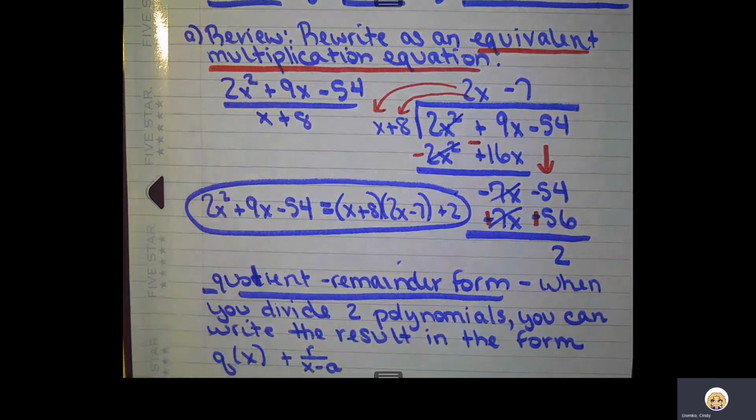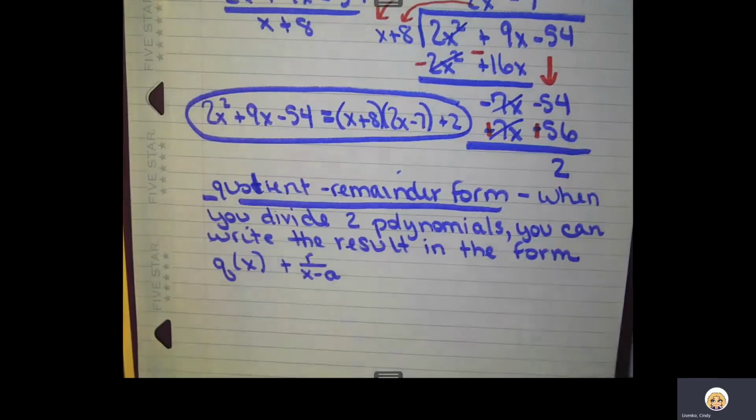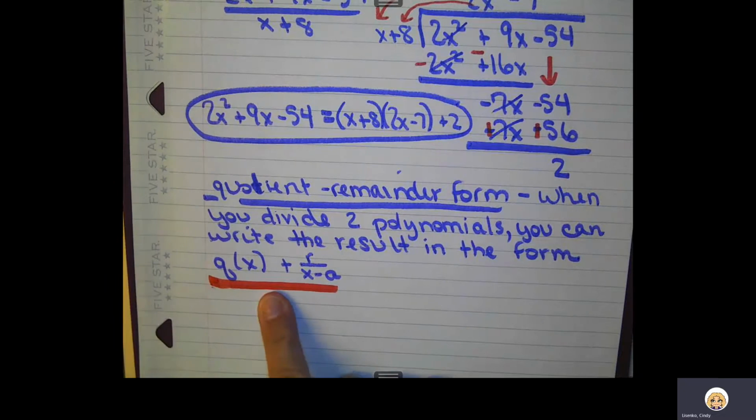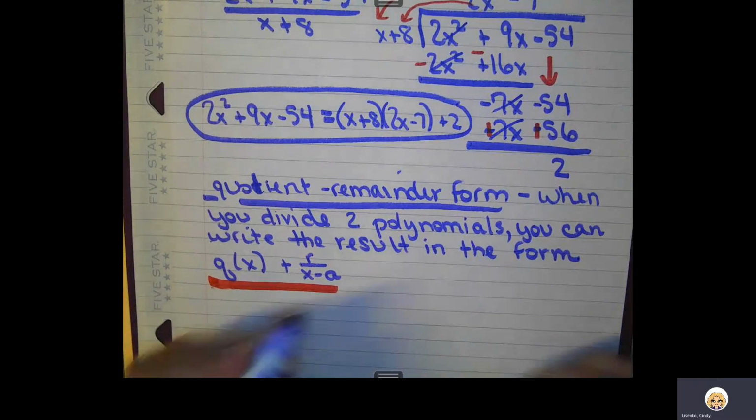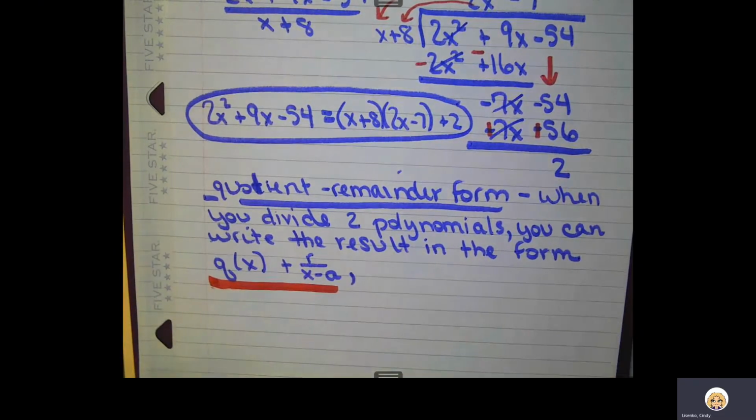Let me explain that. So quotient remainder form is we're going to write it in this form. And this is what these parts mean.